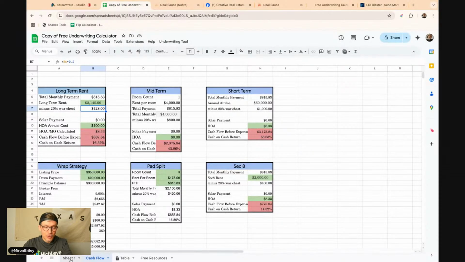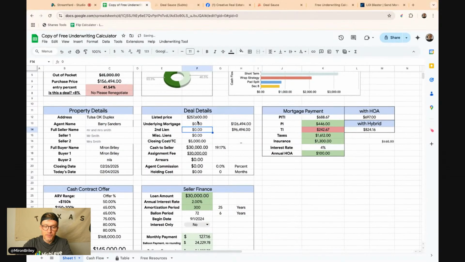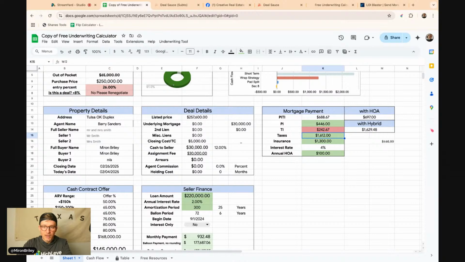Okay, so let me get back to the underwriting here. So we have, let's say, no mortgage. We're going to give 30 to the seller, 30 to the agent, and we're going to maybe do a $220,000 note with a 2% interest rate, and let's do like $1,000 on taxes, $1,300 on insurance.